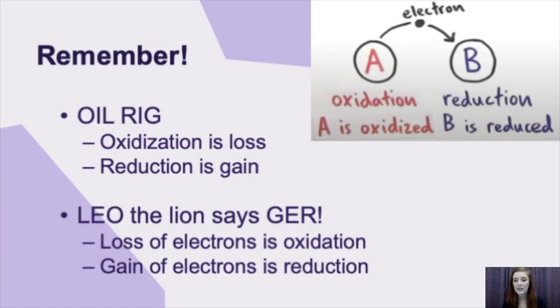So those are two ways that you can remember that oxidation is a loss of electrons, and reduction is a gain of electrons. Again, in this picture, atom A is being oxidized and it is losing an electron. B is being reduced and it is gaining an electron.